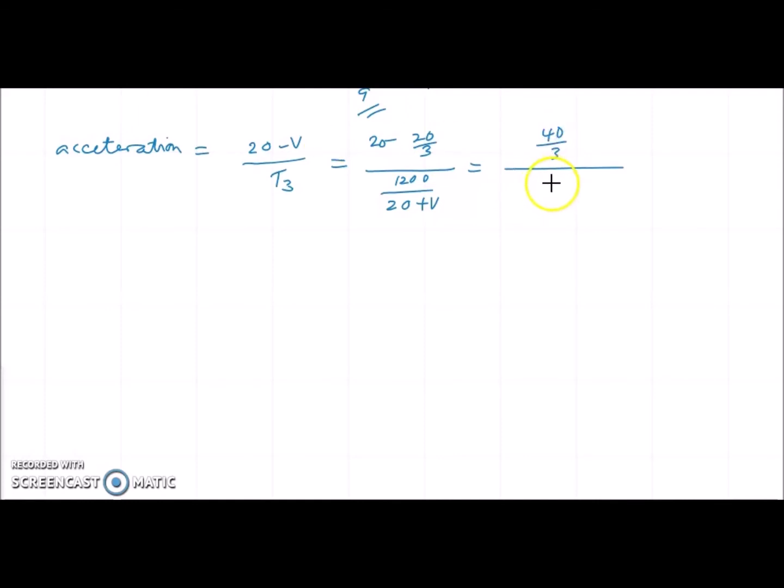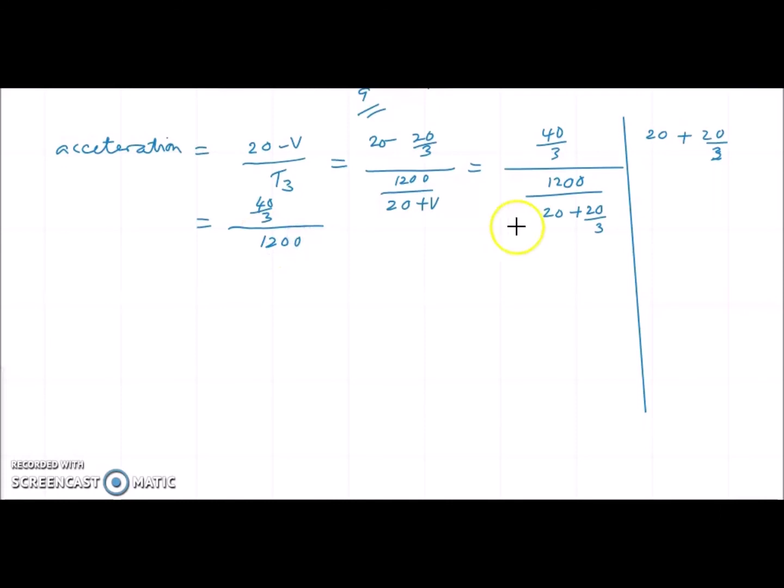In the denominator it is 1200 divided by 20 plus v, 20 plus 20 by 3. That is 80 by 3.